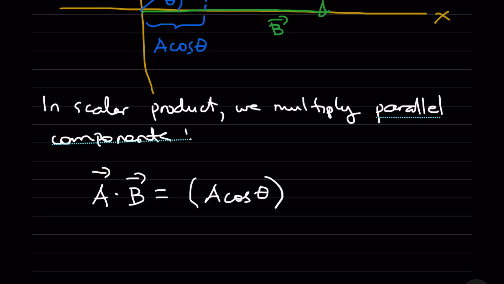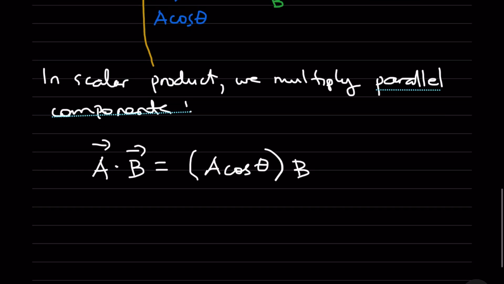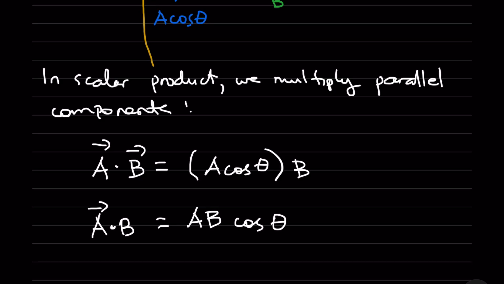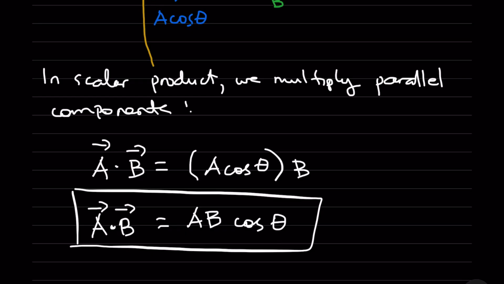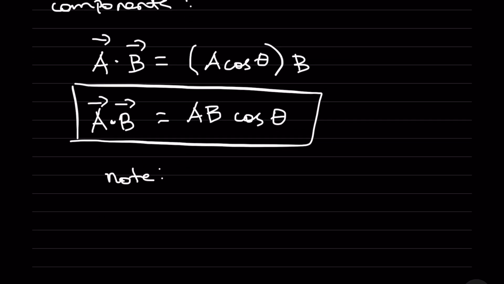So for this case, the component of A that is parallel to B is A cosine theta. So we just multiply that to the magnitude of B. So the result is AB cosine theta. This is the magnitude of the dot product.